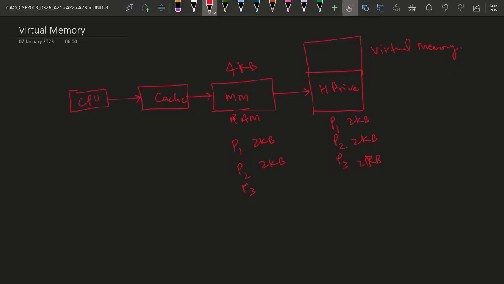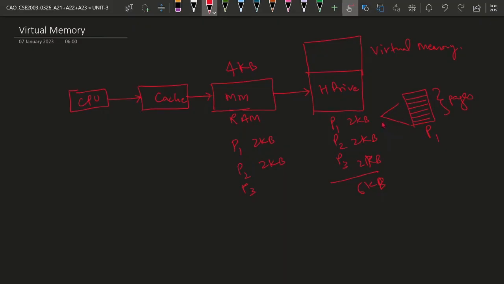Instead of loading all these processes, because we can't load them as the RAM is only 4 KB, we need to divide these processes into different pages. We will divide process P1 into different pages. Similarly, process 2 and process 3 we can divide into different pages.